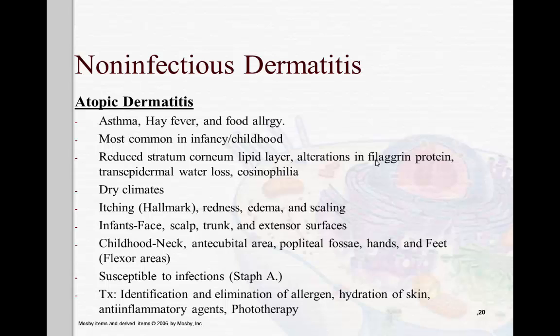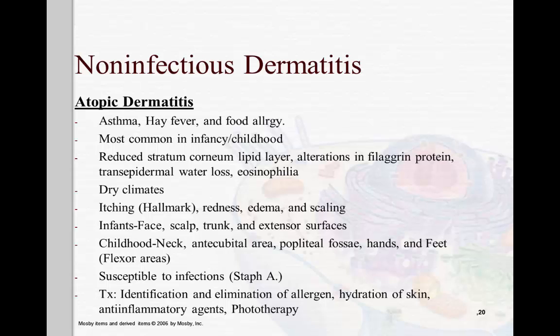So these patients with atopic dermatitis would have transepidermal water loss and eosinophilia due to this major IgE mediated reaction. You would see that they have very dry skin and a big amount of pruritus. Very common in dry climates. Common environmental factors are foods such as milk, eggs, soy, peanuts, fish, and airborne allergens such as dust mites, mold, dander. Staphylococcus aureus is also present, as well as cosmetics, for example.